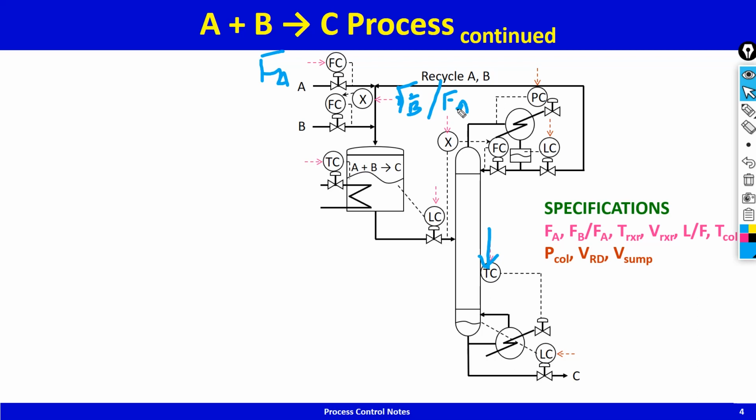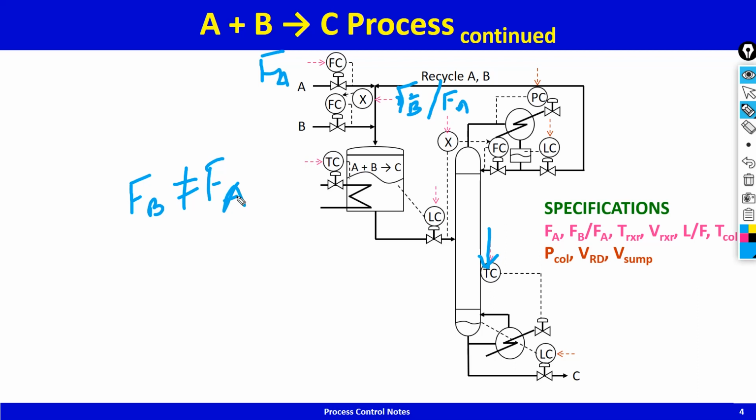Okay. Problem here is that, you see, FB will not be equal to FA even if I specify that the ratio FB by FA on a molar basis is 1. It's not going to be equal.